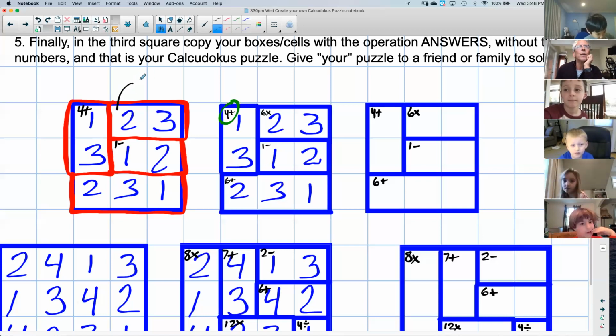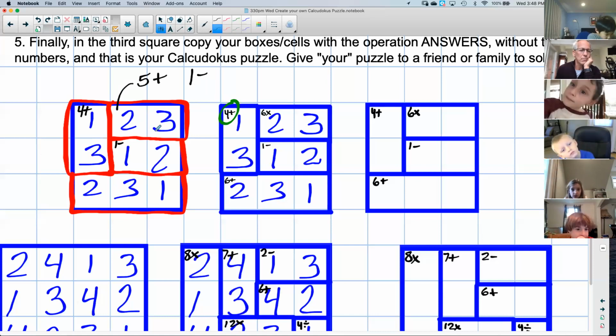Couldn't I put 5 plus? Yeah, because 2 plus 3 is 5. Couldn't I put 1 minus? Could I put 1 minus? Yes, because 3 minus 2 is 1.